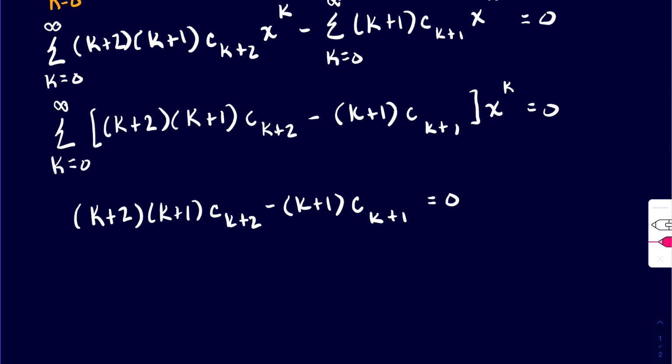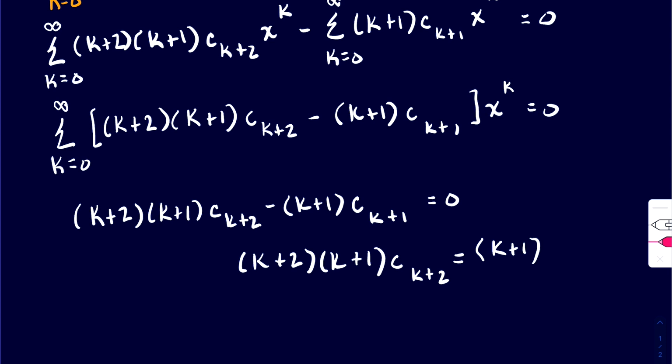So we would add that second term to the other side. That'll give us (k+2)(k+1) times c sub k plus 2 is equal to positive (k+1) times c sub k plus 1.